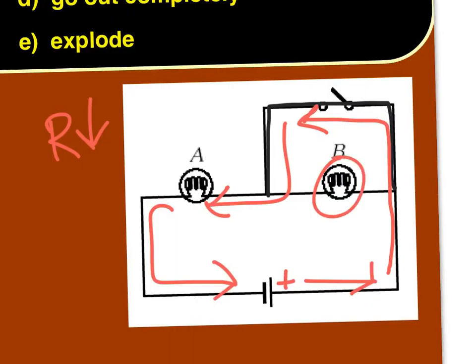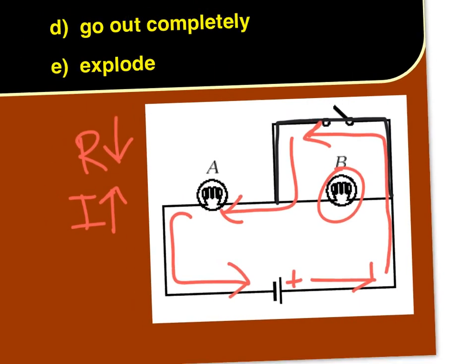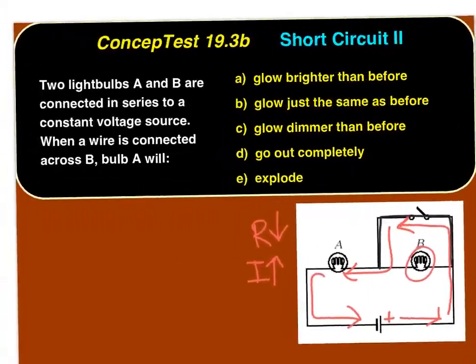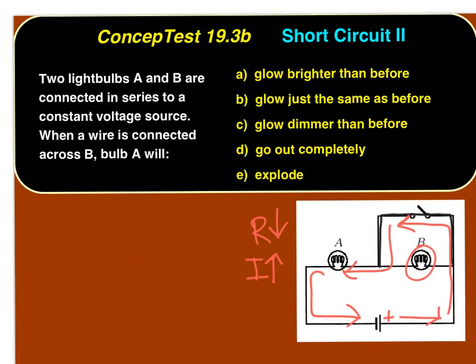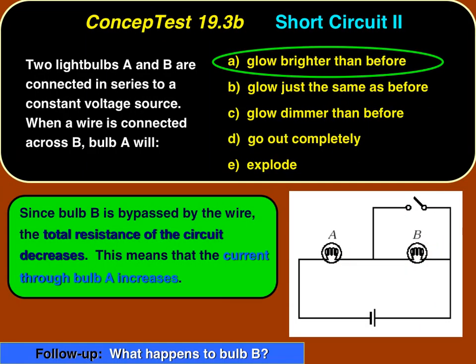So if the resistance has decreased, then the current would increase. And if there's more current flowing through the light bulb, what do you think? Explode? Well, probably not, but who knows? Hopefully it says glow brighter than before. Ah, good.